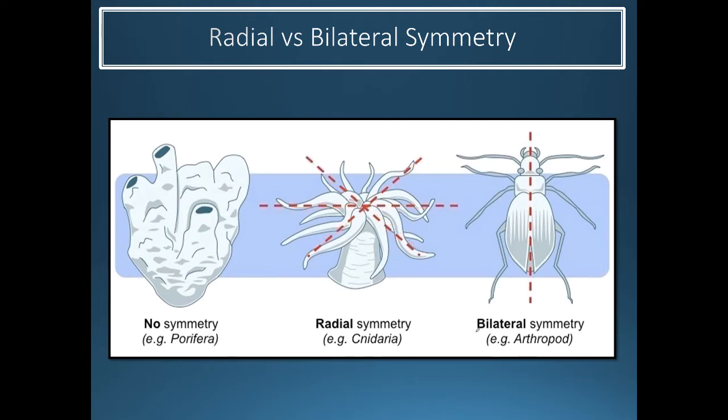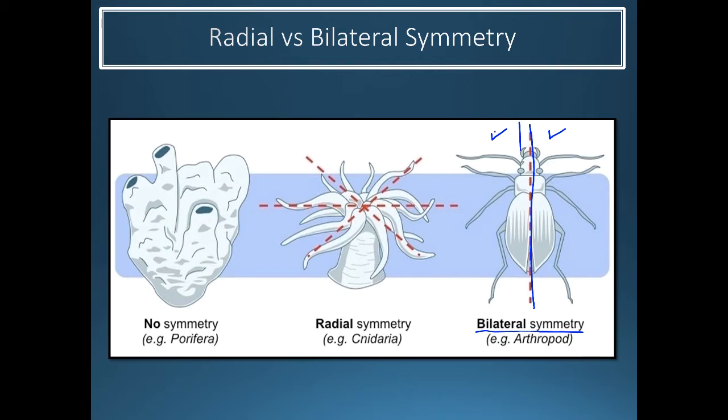Okay, now let's talk about bilateral symmetry. Organisms that have bilateral symmetry only have one plane of symmetry. As you look at this arthropod here, it has this one line of symmetry right down the center here. And you can see that from this one plane of symmetry, you have two sides that look nearly identical. There are no other planes along this organism that would produce two sides that are nearly equal.